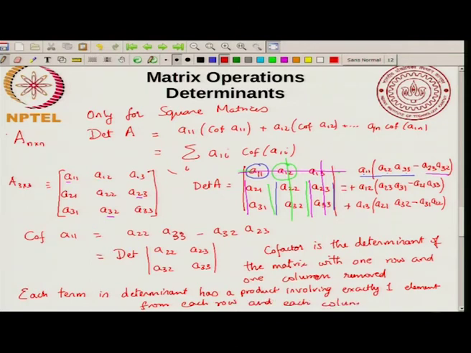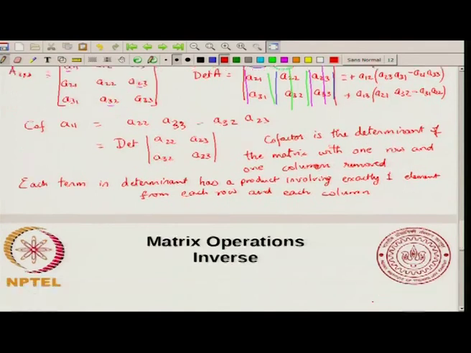And this is again a very important fact to note, that you never have two elements from the same row multiplied in a determinant expression.